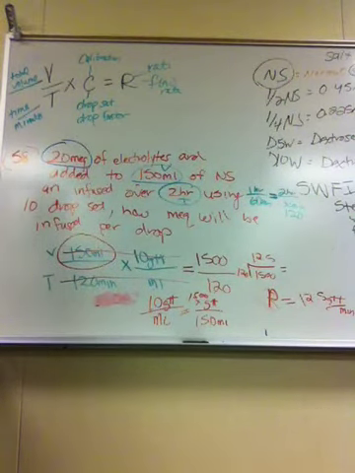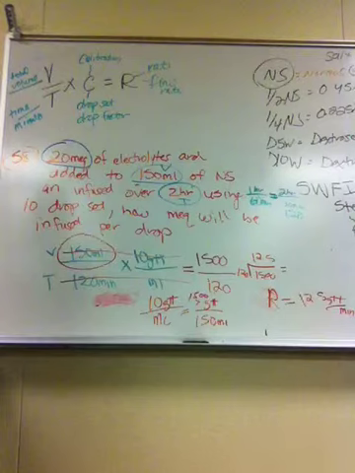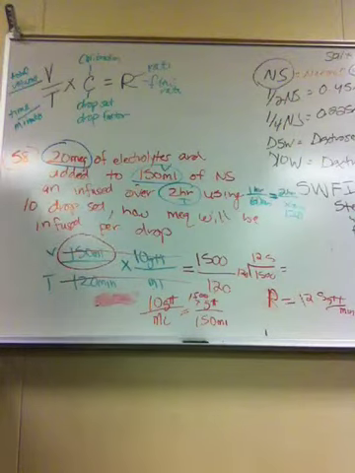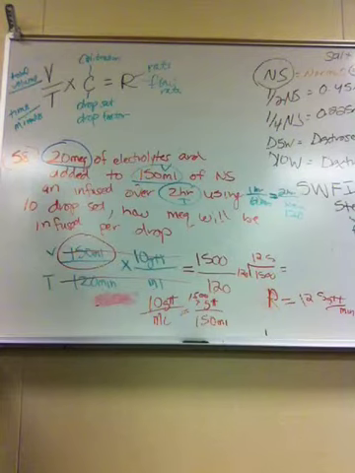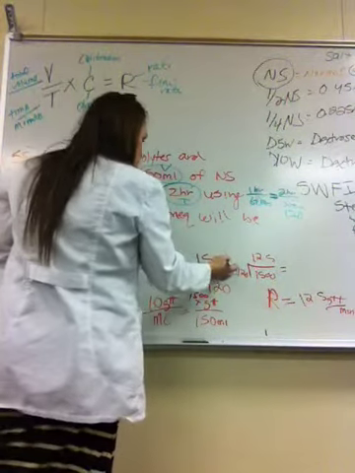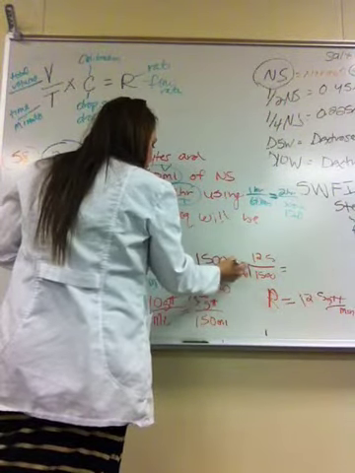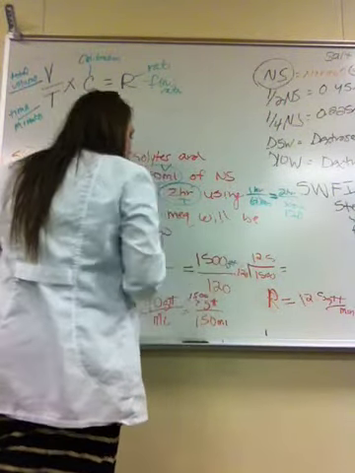There's 20 MEQs in 150 mLs. We injected 20 MEQs into that 150 ml. So the question says, how many milliequivalents will be infused per drop? If there are 1,500 drops, what are we going to do?